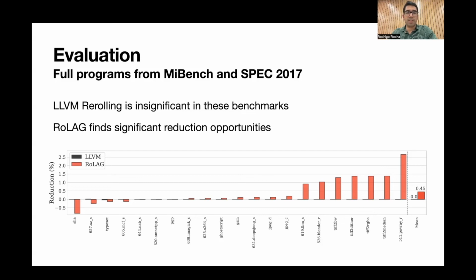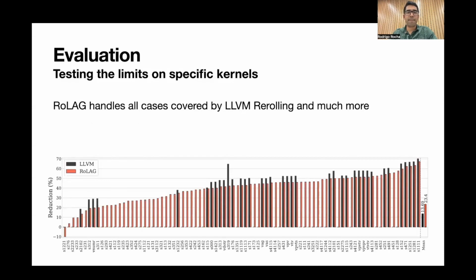And our technique is able to find significant reduction opportunities, in some cases reducing the binary of the whole program by around 2.5%, which is the case of the POV-Ray benchmark, and in other cases reducing by small amounts. We also have some code degradation, but overall have an average positive code size reduction.